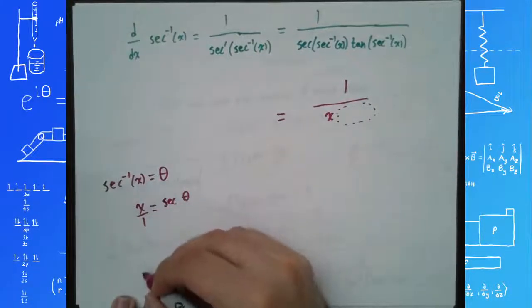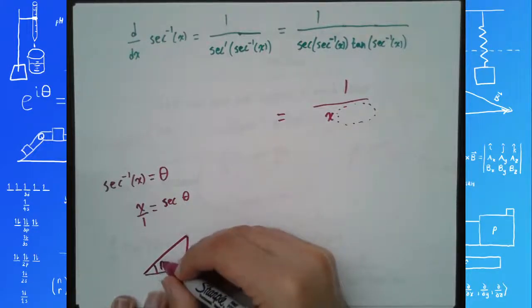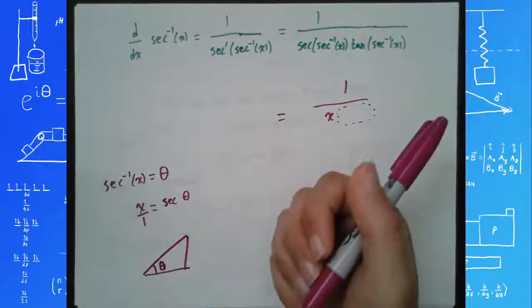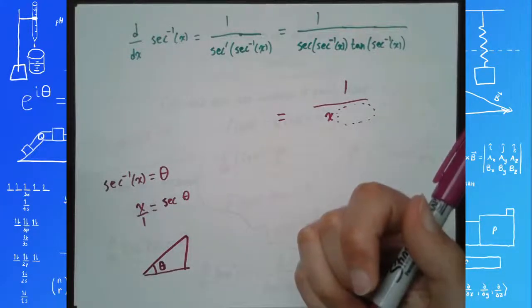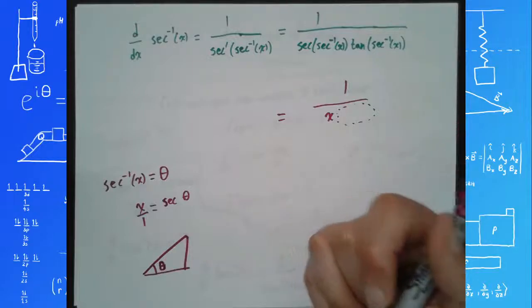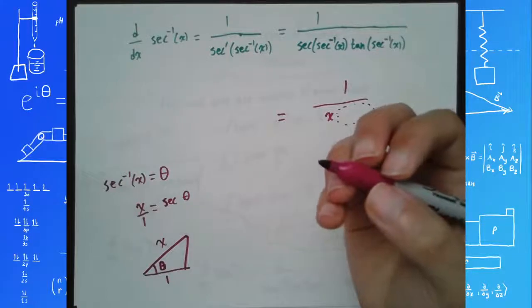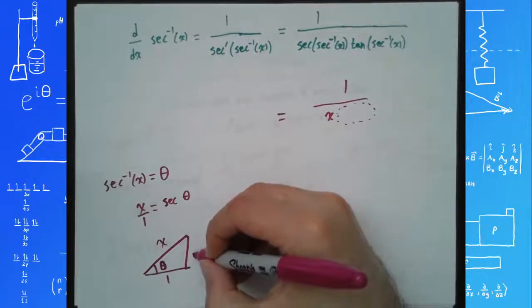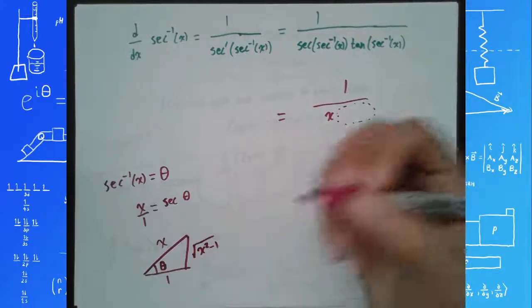So, reference triangle, if this angle here is theta, then secant, so hypotenuse over adjacent is x over 1. Okay, that means that this opposite side would be square root of x squared minus 1.